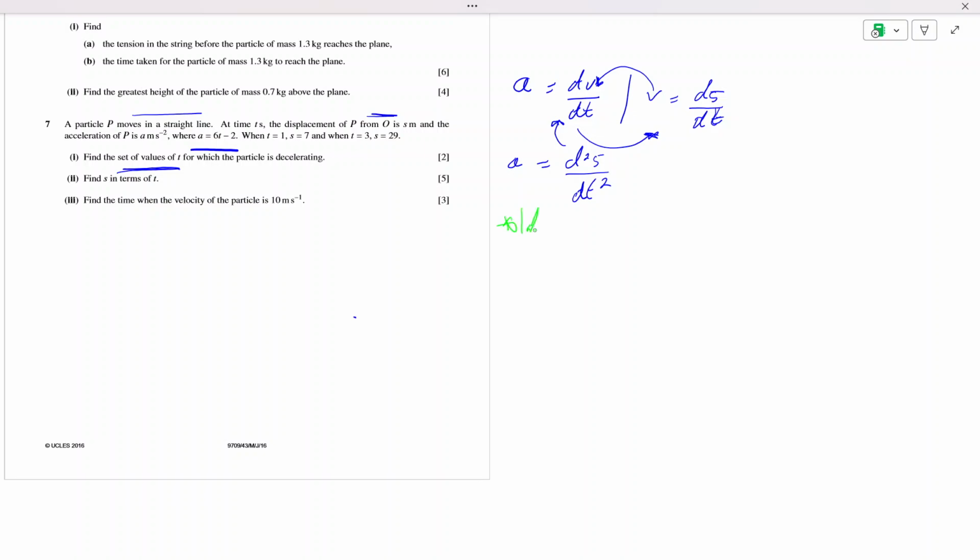We have to integrate twice. Okay. All right. So I'll start off with a is dv/dt is equal to 6t minus 2.